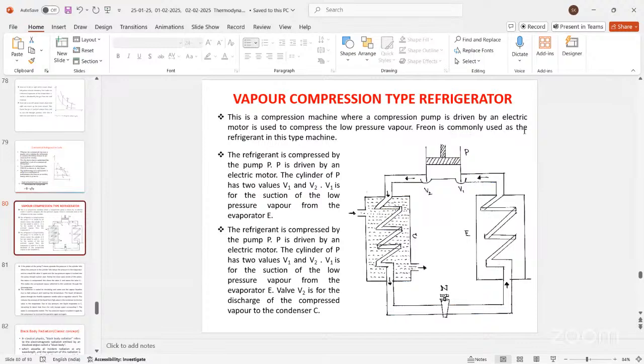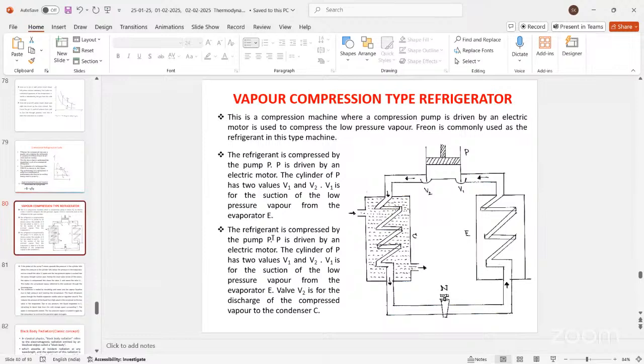Freon is commonly used as the refrigerant in this type of machine. The refrigerant is compressed by a pump P, which is driven by an electric motor. The cylinder of P has two valves, V1 and V2. V1 is for the suction of the low pressure vapor from the evaporator E.